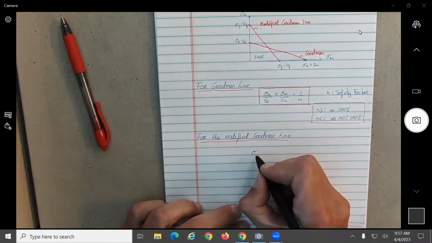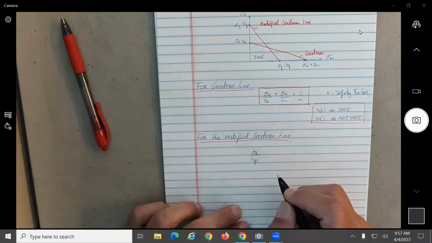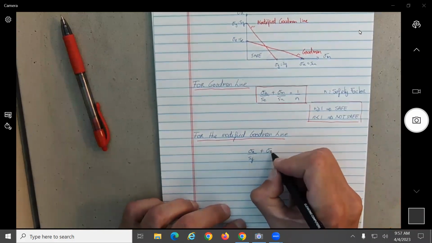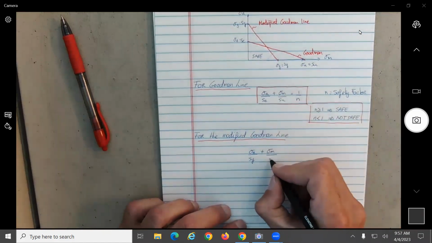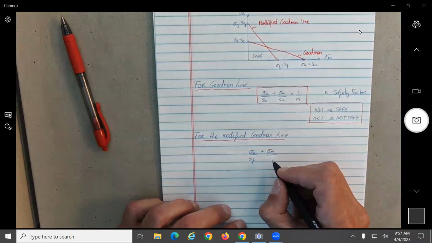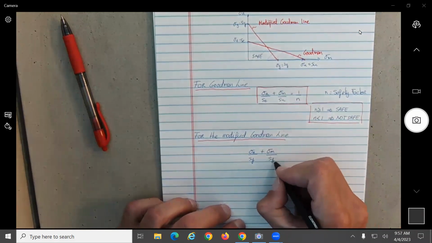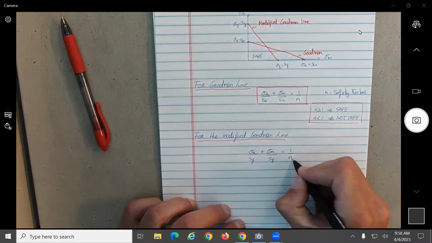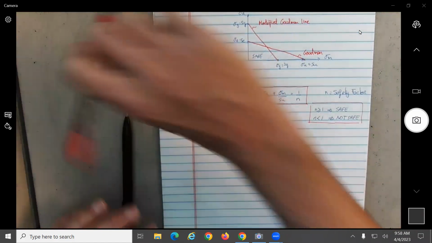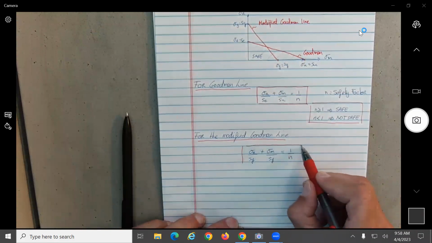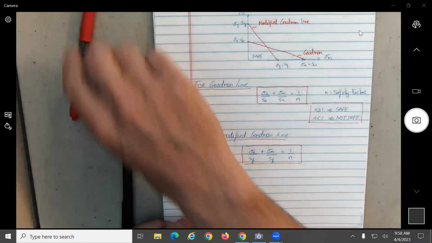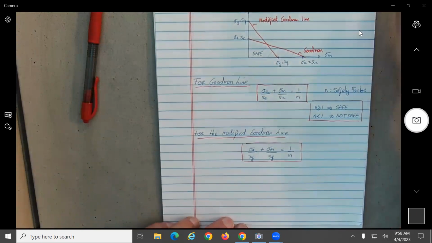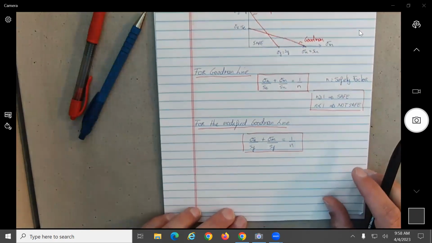So with the sigma A over SY plus sigma M over SY equal to 1 over N. Okay, and over here, basically the same criteria for safe and unsafe.